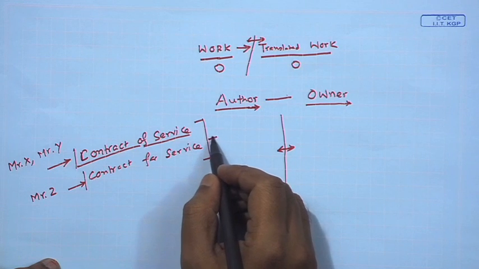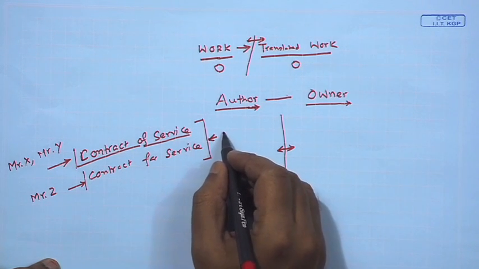So contract of service and contract for service are also governed by one factor, the degree of control.